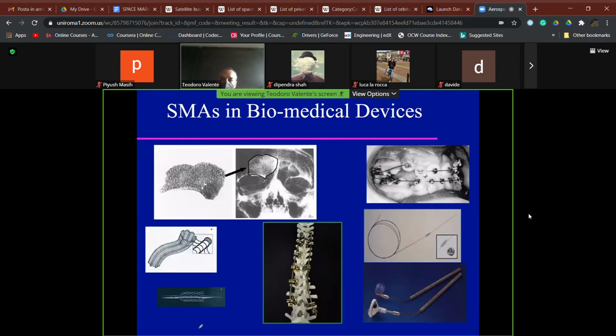Here are some example pictures, orthodontic, as we said before. Now we will look in a little more detail, and other applications which are referred to bones, generally speaking. The case of orthodontic application of shape memory alloy wires works by using essentially the superelastic effect of the shape memory alloys, which is the aim.